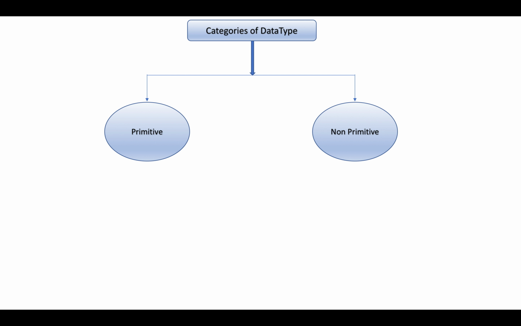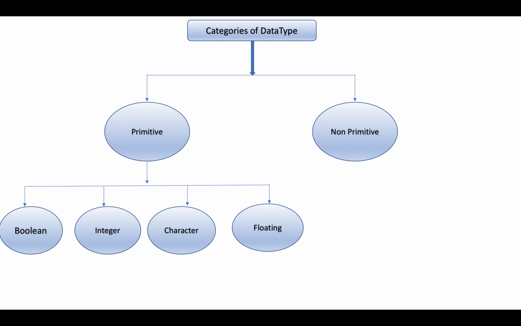So now let's see what are the categories. There are two broader categories available in Java as far as data type is concerned. One is primitive type, another one is non-primitive type. Primitive type again has four different types. One is Boolean, one is integer, one is character, one is floating point. So what is Boolean? Boolean is a data type which can be in two different states.